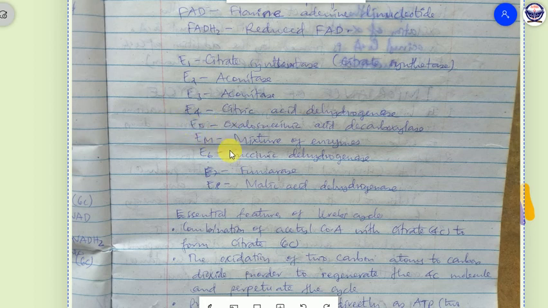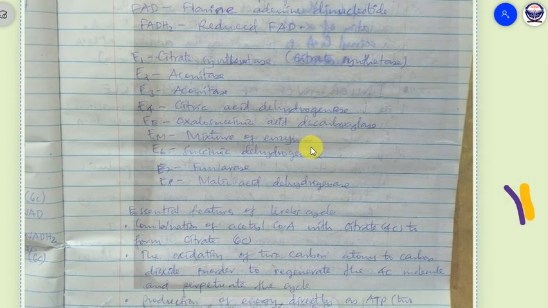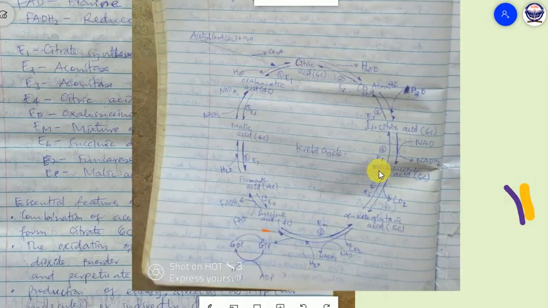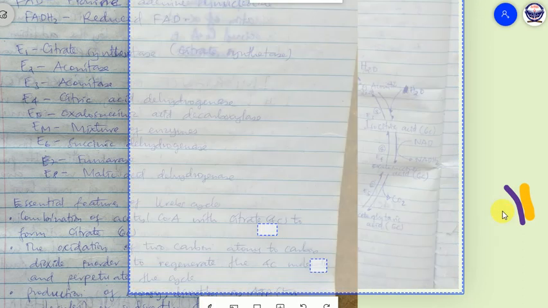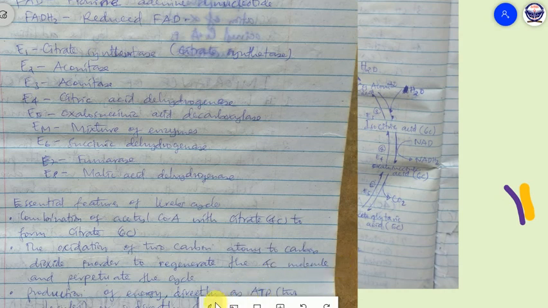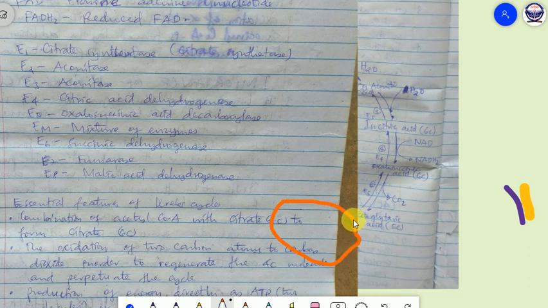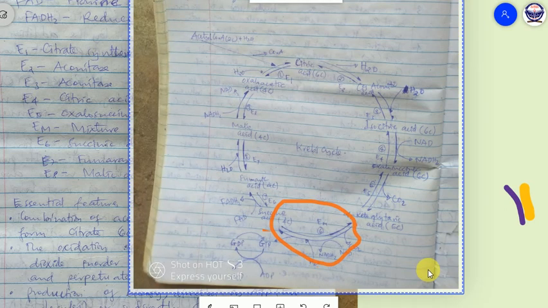Pale ile stage ambayo tulisema hapa mwanzoni kwamba kuna stage, this one is catalyzed by EM because reaction ni nyingi, so it doesn't want to show you, but there is the reaction hapa chini kuna reaction from alpha ketoglutarate tunapokuja kuform succinic acid. Kuna reaction hapa, you see.